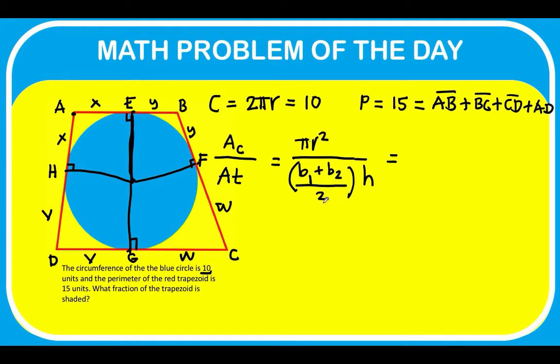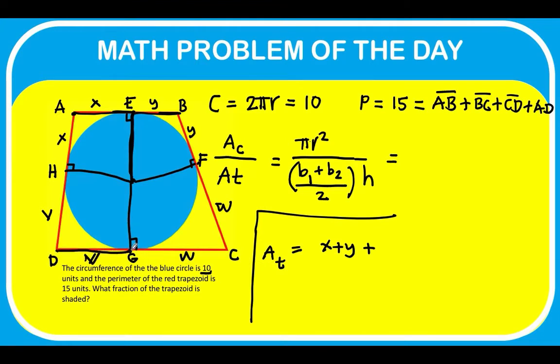Now, using this two tangent theorem, we will be able to find the area of this trapezoid. Area of the trapezoid is equal to base 1 plus base 2. Base 1 is this distance plus this distance, which is x plus y, plus our base 2 is this DG, which is v, and this distance GC, which is w. So we have v plus w.